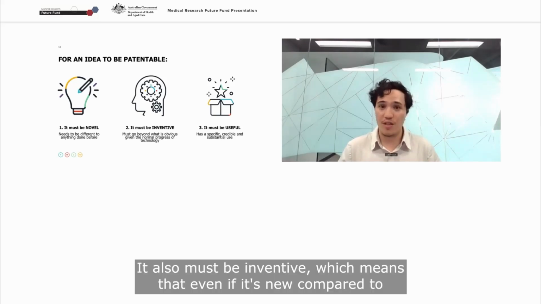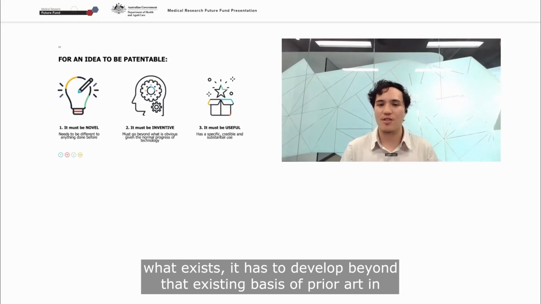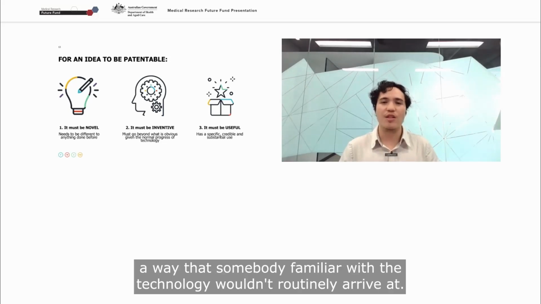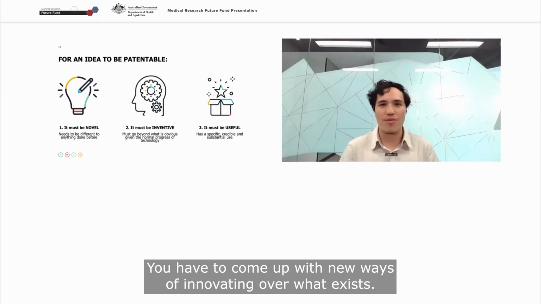It also must be inventive, which means that even if it's new compared to what exists, it has to develop beyond that existing basis of prior art in a way that somebody familiar with the technology wouldn't routinely arrive at. You have to come up with new ways of innovating over what exists.